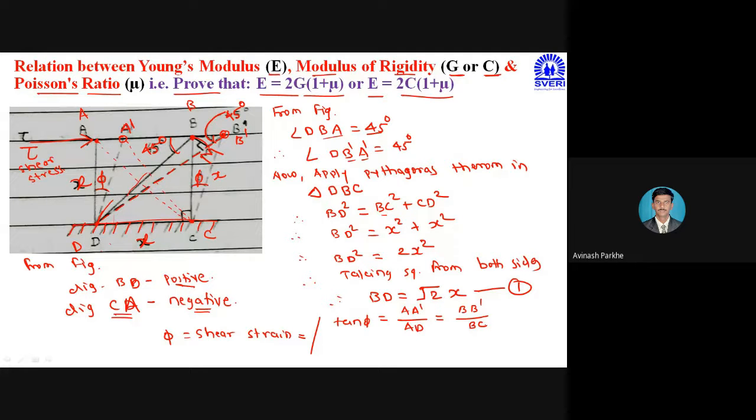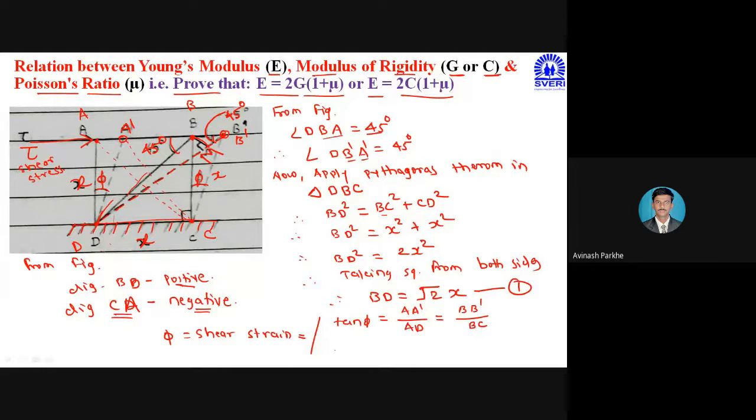Which rule have we applied? We have applied the trigonometric rule of the tan angle. What is the trigonometric rule of tan? Front side upon adjacent side. Therefore, tan phi is equal to front side A dash divided by adjacent side, this vertical distance AD. Similarly, at the other side also the phi angle is present, so front side is B dash and adjacent side is the original length BC.